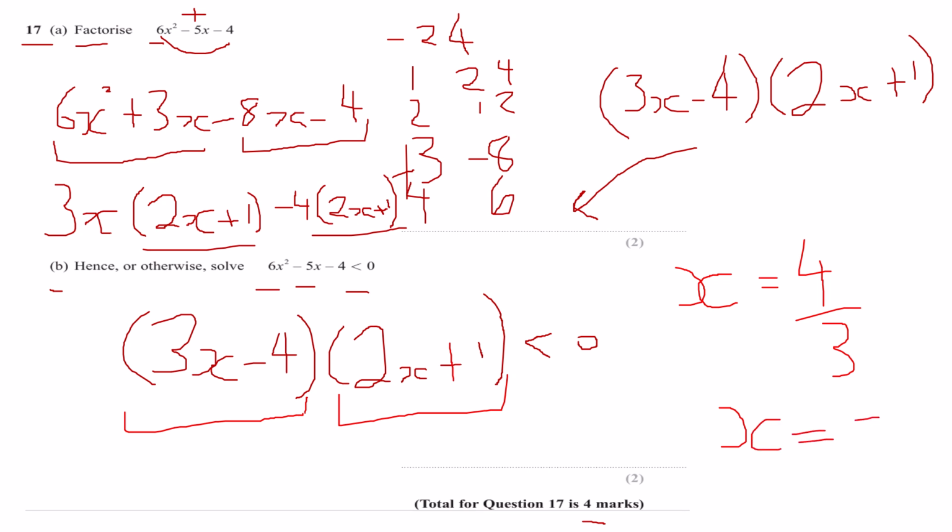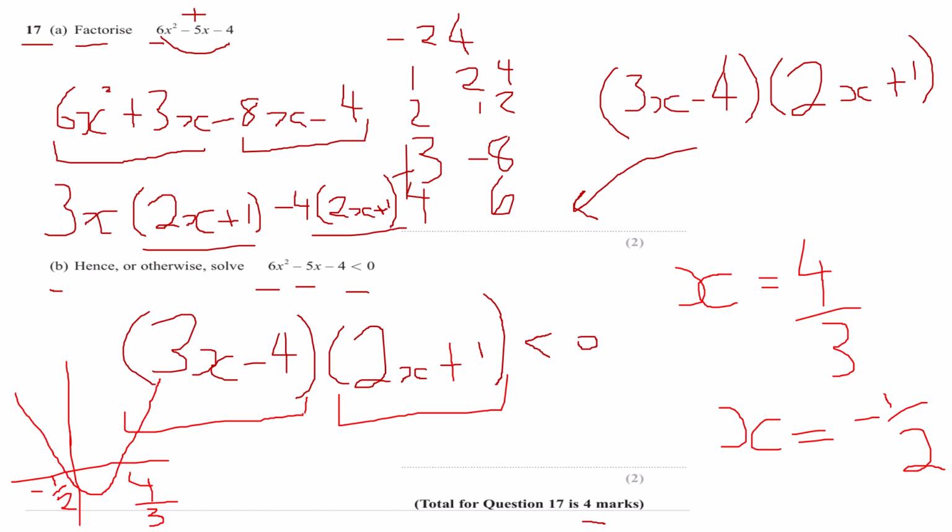These are going to be the x-intercepts of our quadratic, minus a half and 4 over 3. There we go, that's a rough sketch. We have negative a half, then plus 4/3.